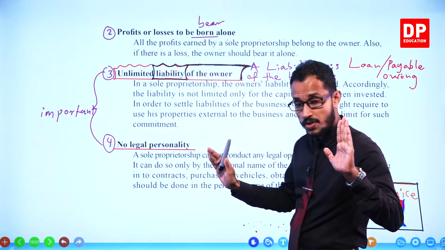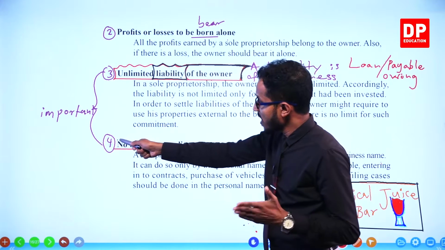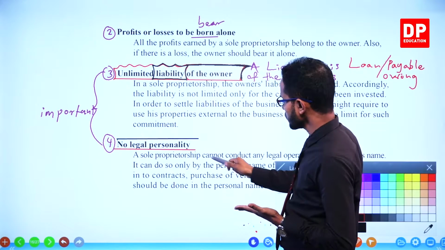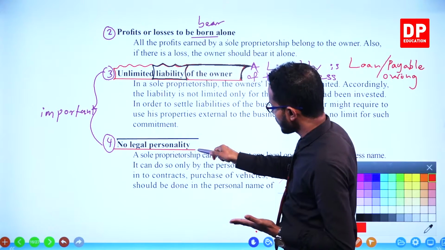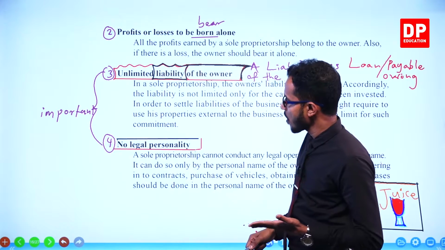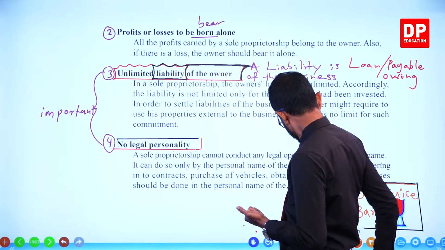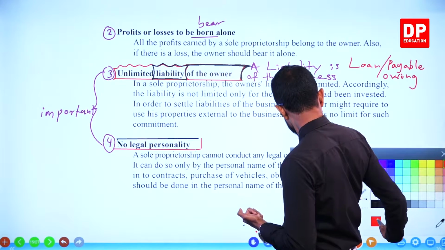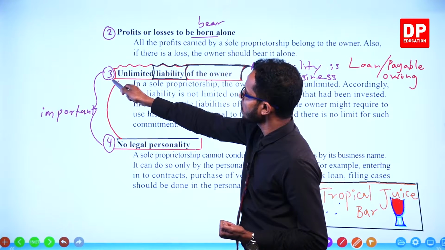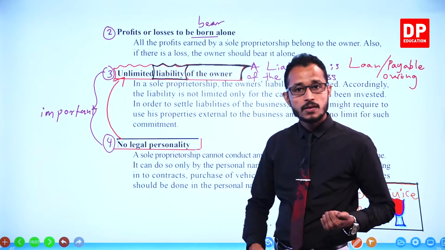Children, because of this feature, because there is no legal personality, because of this feature only, the owner's liability becomes unlimited. Surprised?